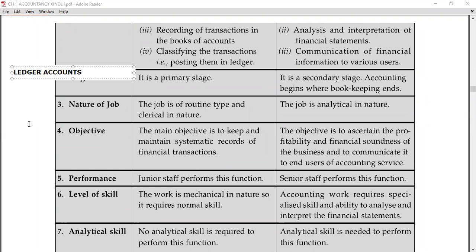Spelling is there on the screen. Account is also known as ledger account. Okay, full stop.